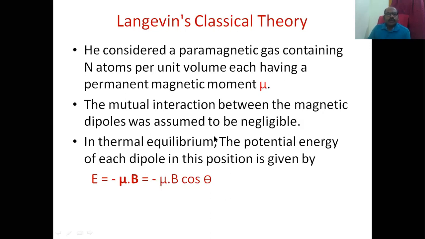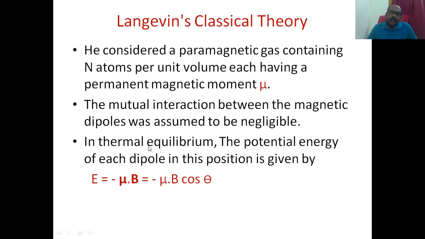Whenever the solid is kept inside the magnetic field, there also exists some temperature, so some thermal energy is also there. Whenever the field is applied, the magnetic moments or magnetic dipoles try to align in the field direction, but thermal energy also resists.